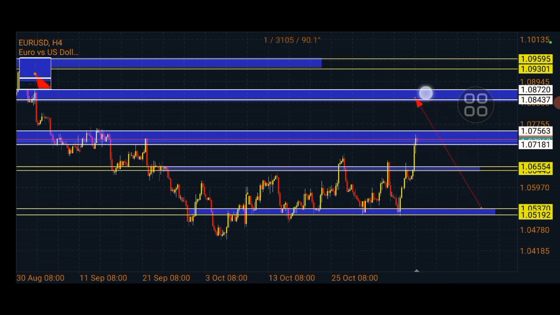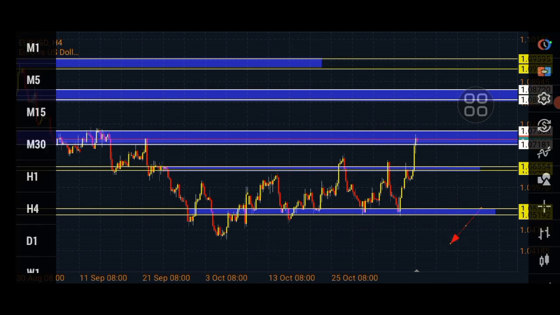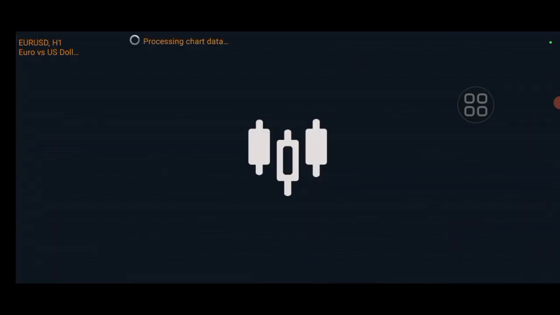Here is sell or buy. We have to check and see the setup that is going to form. So this is how I mark the zone. Let me see if there's any H1 confirmation or H1 setup that we are going to follow.